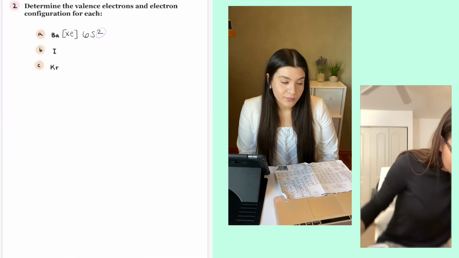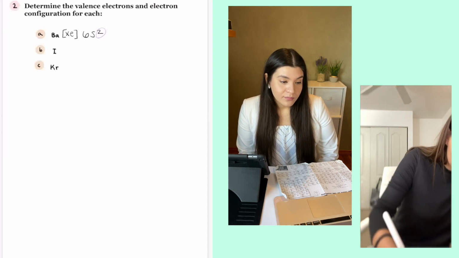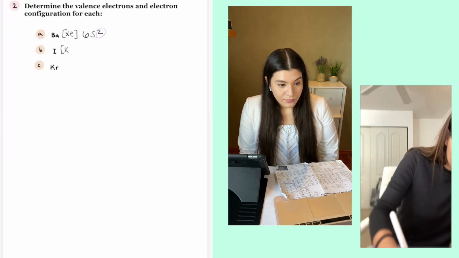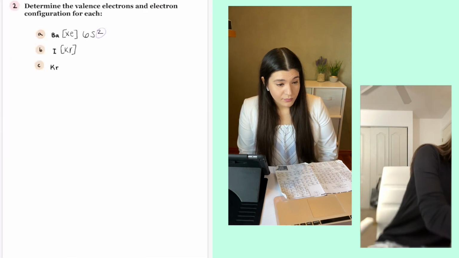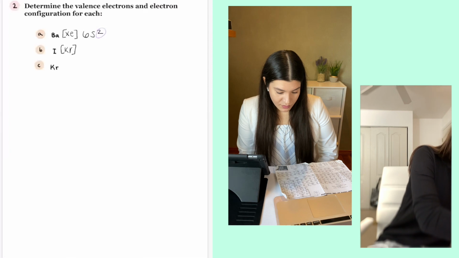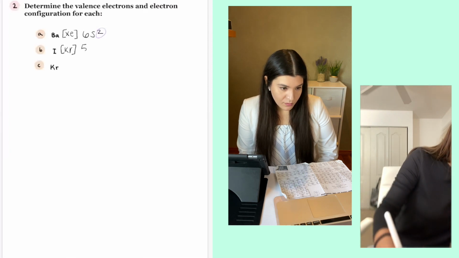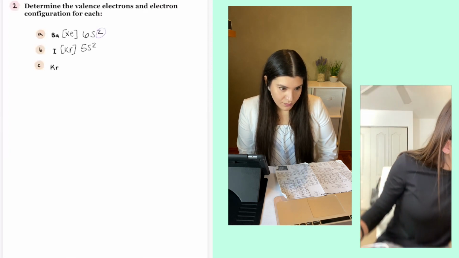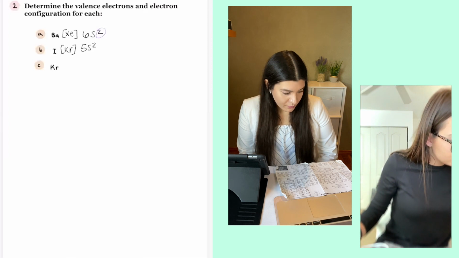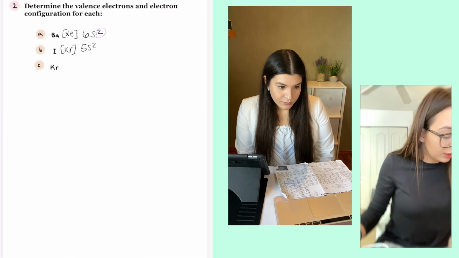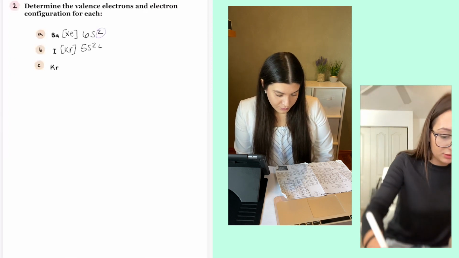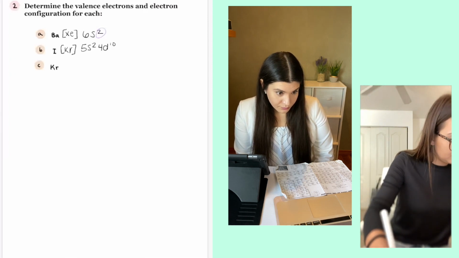All right, so iodine. It's going to be... Good. And then we're in 5, we go up 1, so it's 4d10.